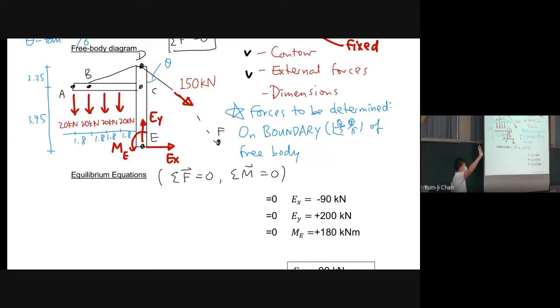Summation F equal to 0, summation M equal to 0. In 2D problems, we actually mean these three things: summation Fx equal to 0, summation Fy equal to 0, and summation M equal to 0, right?